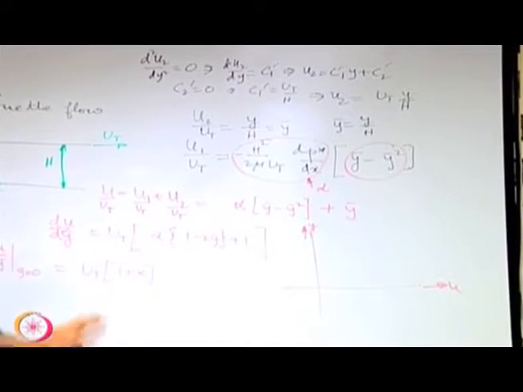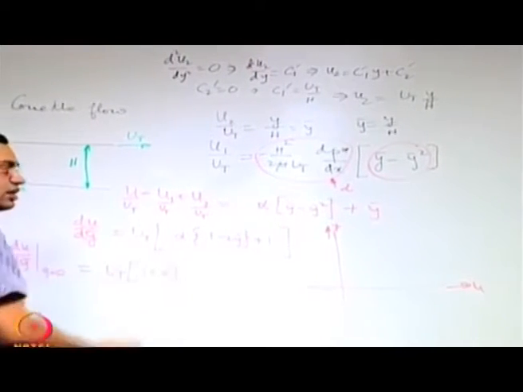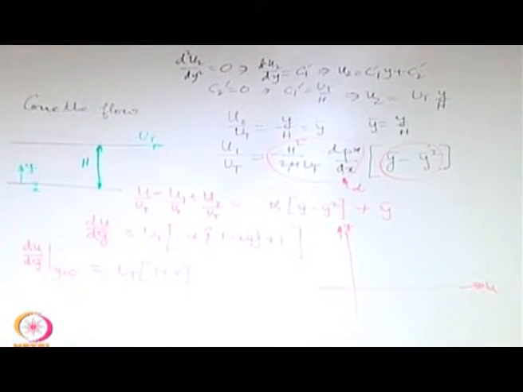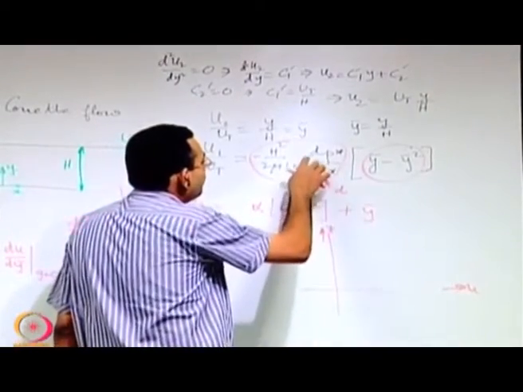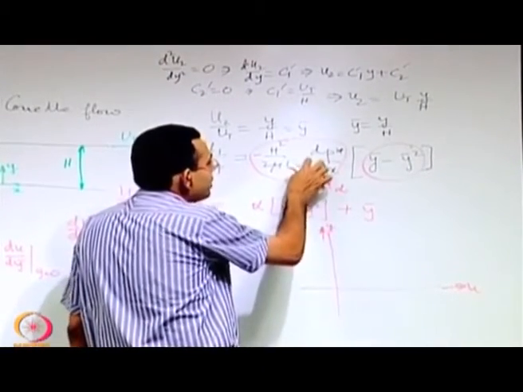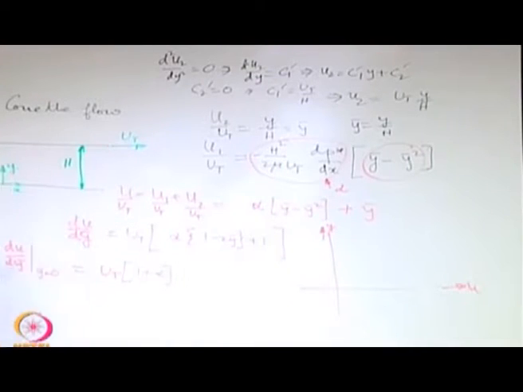Let us consider a value of alpha which is negative. So alpha negative means dp dx is positive. So dp dx positive is adverse pressure gradient.